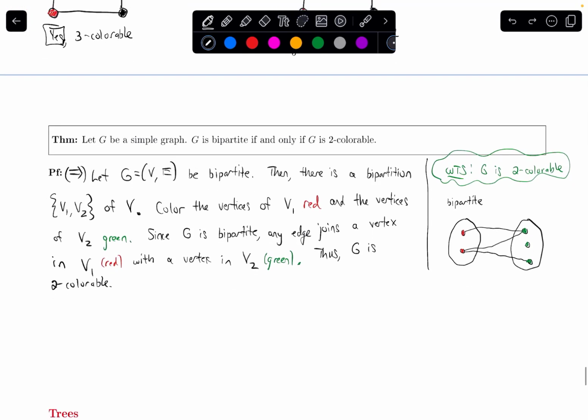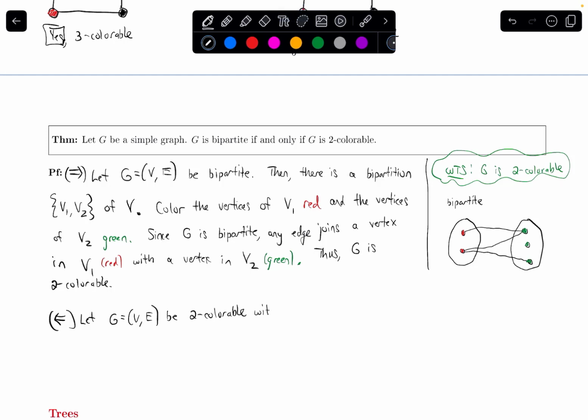Now I need the reverse direction, which honestly is going to be really similar. Now I assume that G is two colorable. Let G, which equals V comma E, be two colorable. And let me just specify what the colors are.